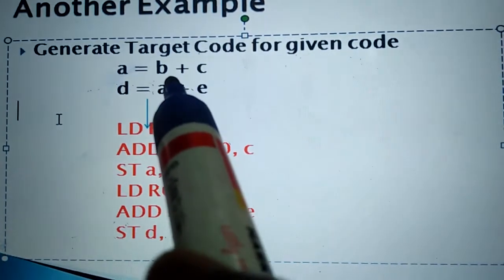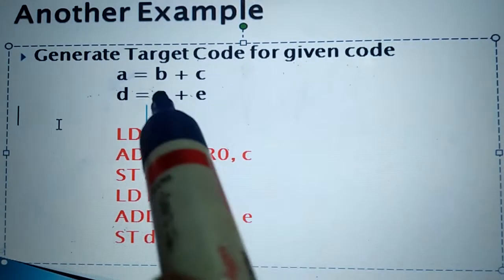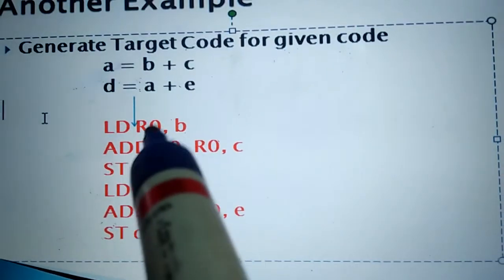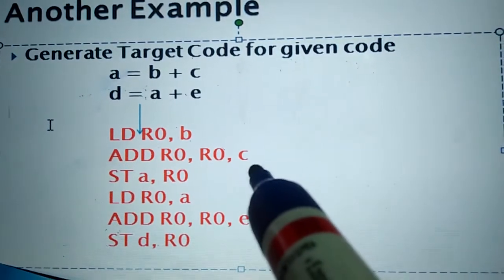So here both b plus c are added. Before addition, b is loaded in R0, and whatever the value in R0 is being added with c.